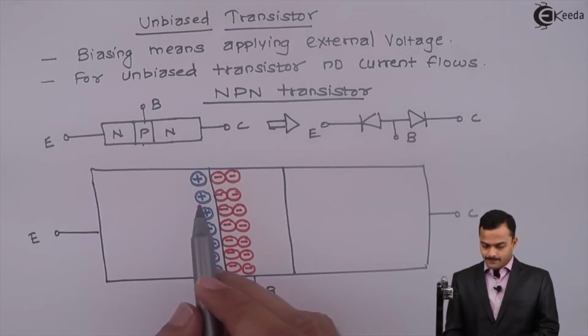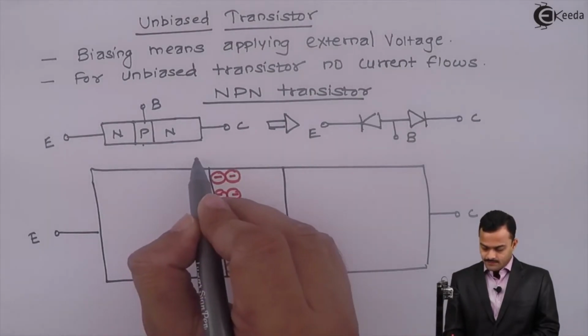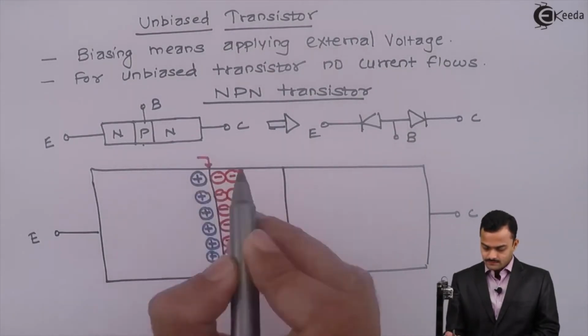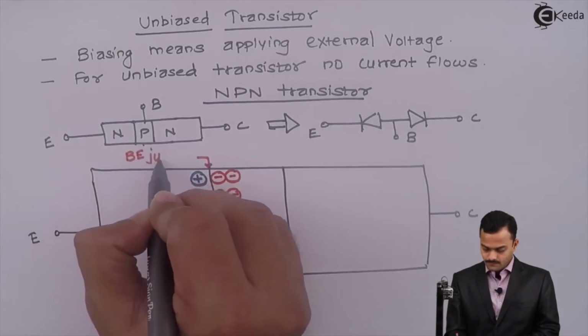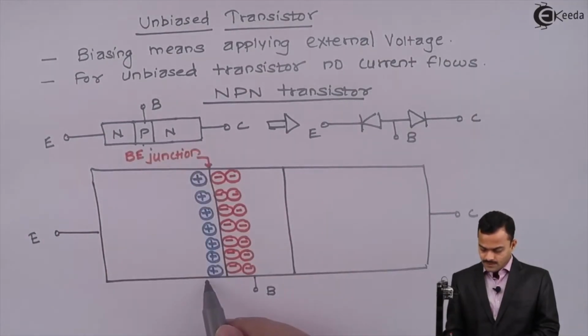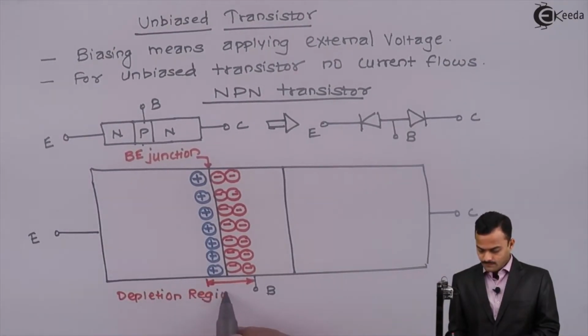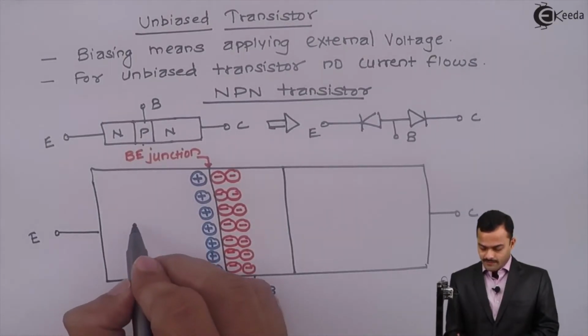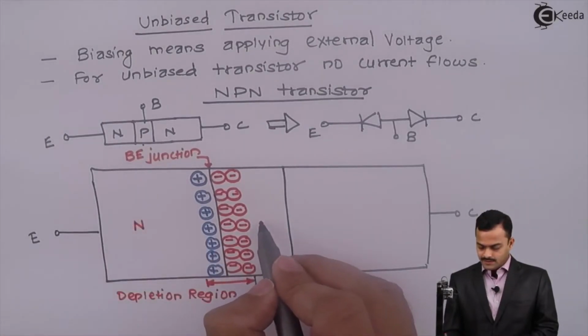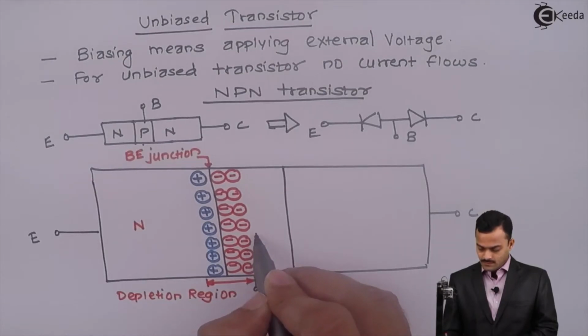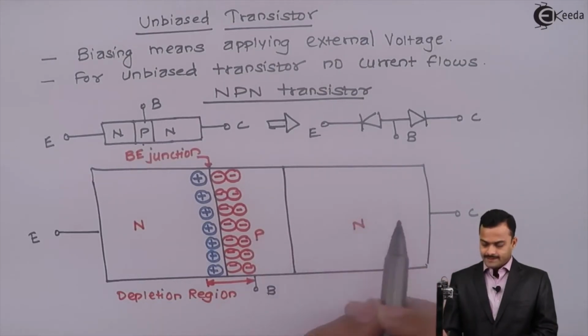This is what happens at the base emitter junction. This is a depletion region, because here I have N type, here P type, and here once again N type.